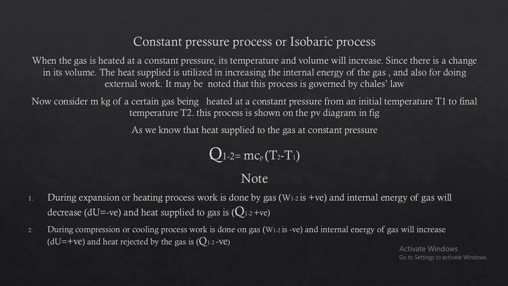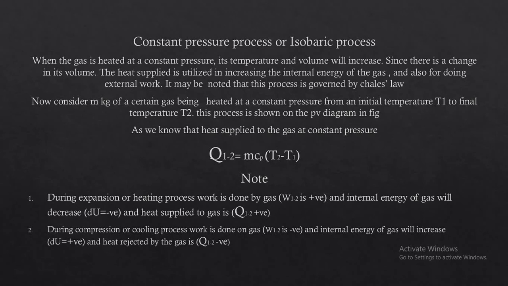It may be noted that this process is governed by Charles' law. Now consider m, the mass of a certain gas, being heated at constant pressure from initial temperature T1 to final temperature T2. This process is shown in the PV diagram on the next slide.